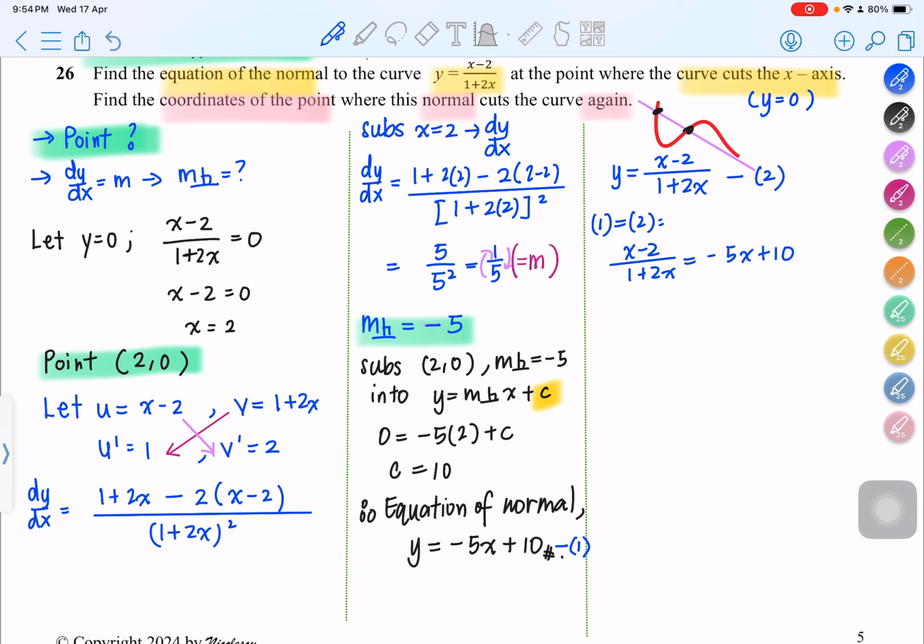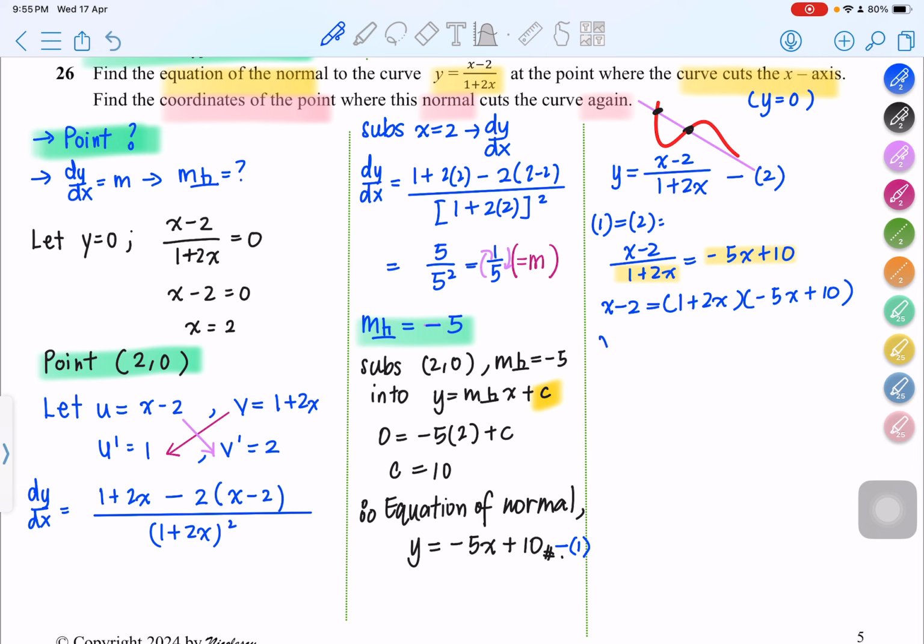Next, I bring over the denominator: x minus 2 equals (1 plus 2x) multiplied by (negative 5x plus 10).